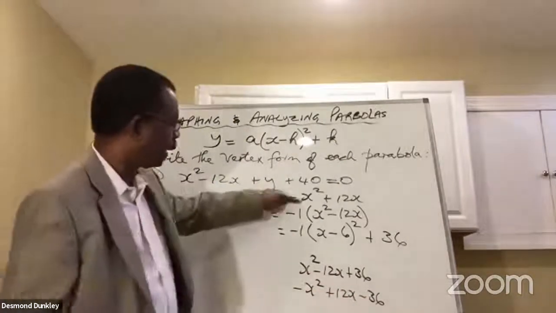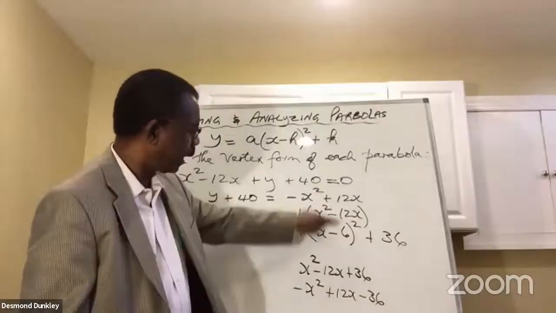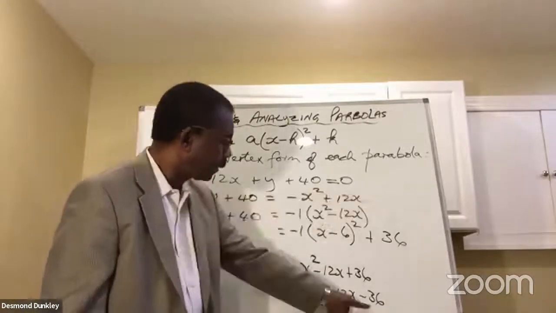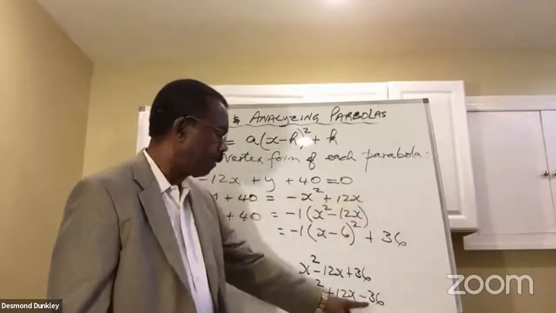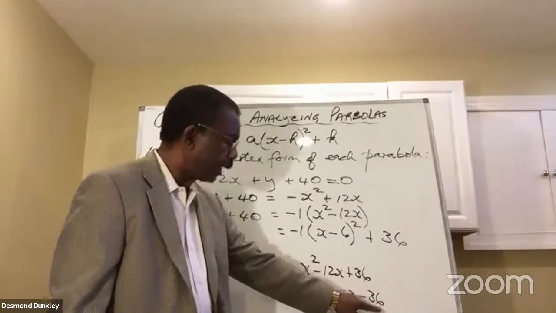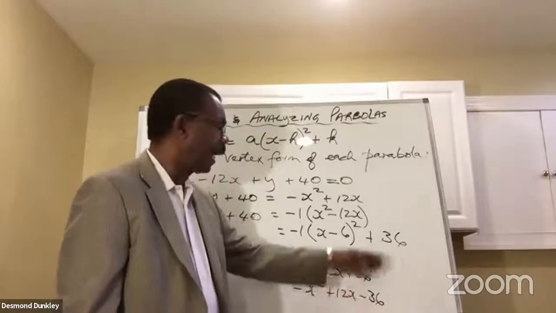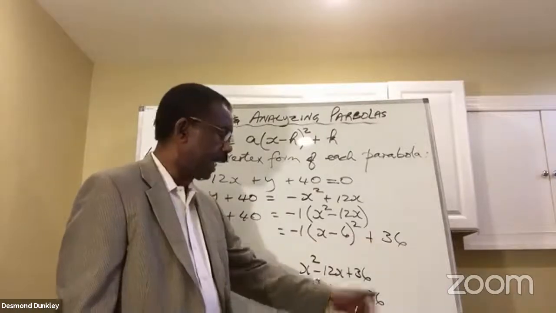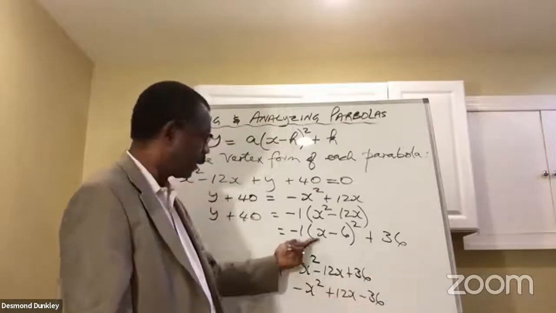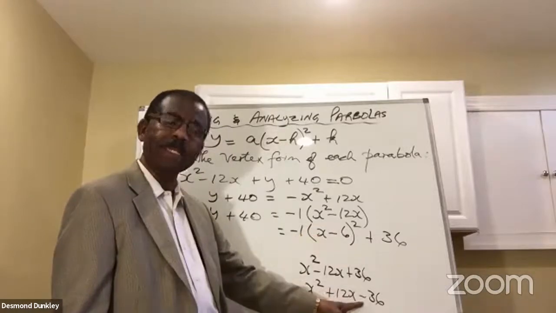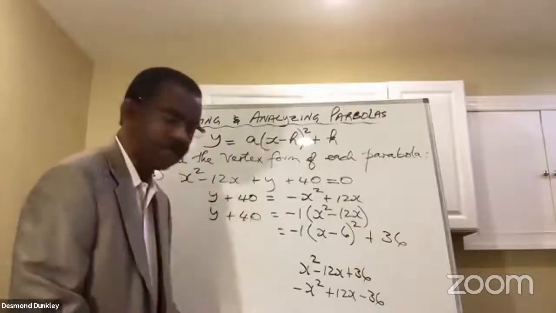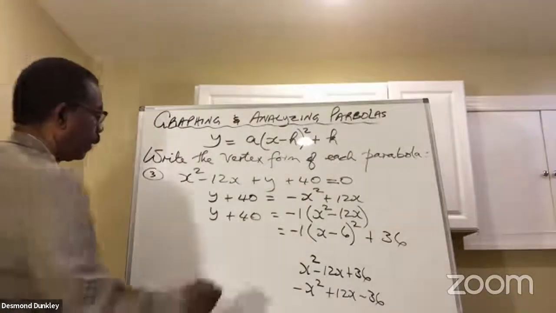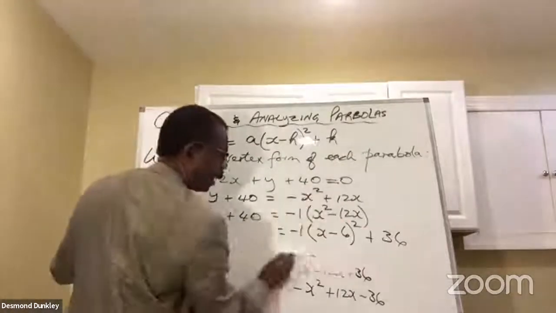But there was no minus 36 here. Now we have a minus 36. So to get rid of this minus 36, I must add 36 to cancel this. Because this now introduced a negative 36, we add 36 to keep it balanced. And so now we can finish the job. We can bring this over and we're done.